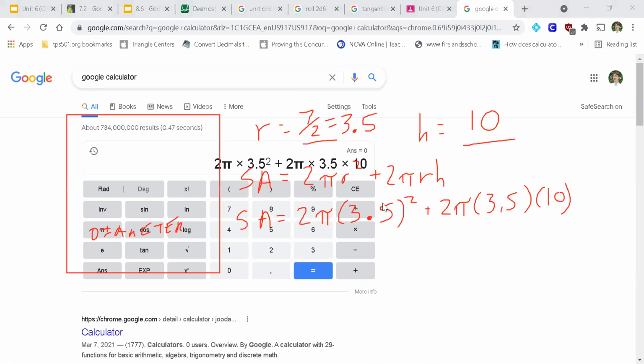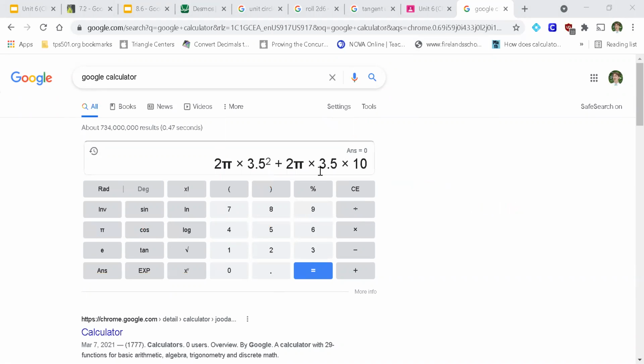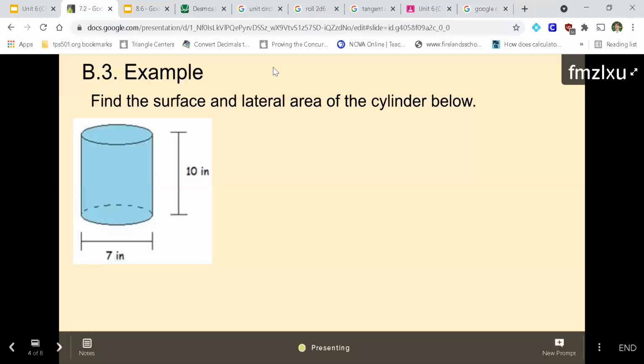That formula we just wrote, 2 pi times 3.5 squared plus 2 pi times 3.5 times 10. You type that into a calculator, answer is 297. Or point, if you wanted to do to the 10th, I think we would call that 0.9, right? Have to round up. But 297 is fine for now.